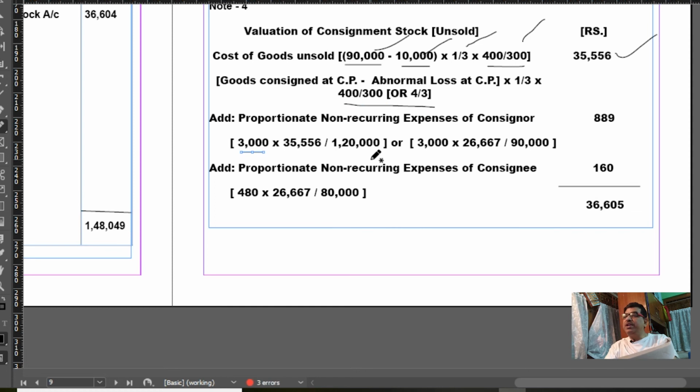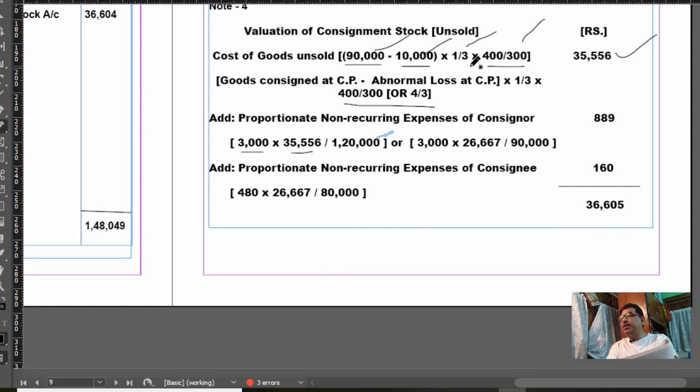Now come to add proportional non-recurring expense of consignor, that is 3,000 non-recurring expenses of consignor and 35,556, that is this amount divided by 1,20,000, that is the sent amount, goods sent at invoice price, mind it, at invoice price. And how did you get 4 by 3? 1/3 of profit was added, therefore we got 90,000 plus 90,000 into 1 by 3.